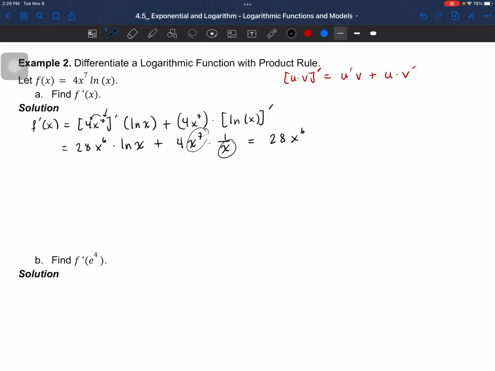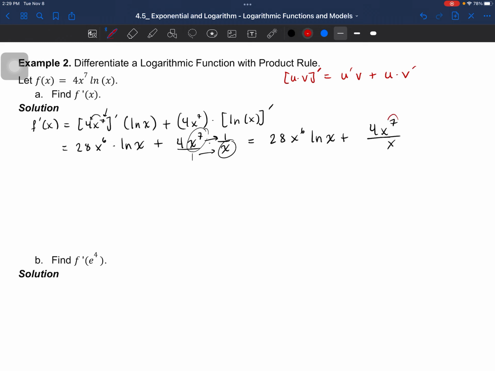So we can see here that we could simplify these two together because this is a numerator of x to the 7 and this is a denominator of x. So I can do another line to make it a little more obvious. So imagine that this is over 1.